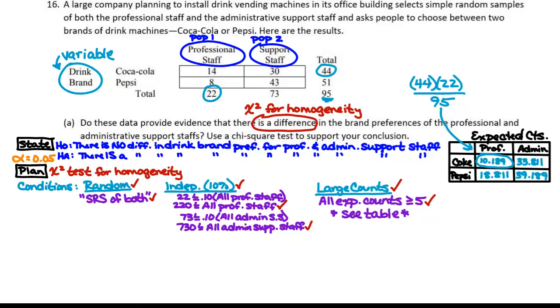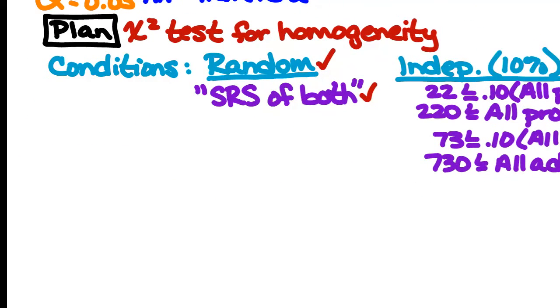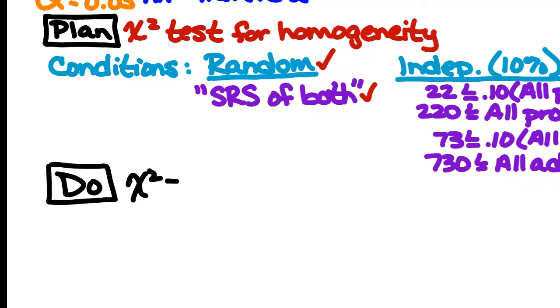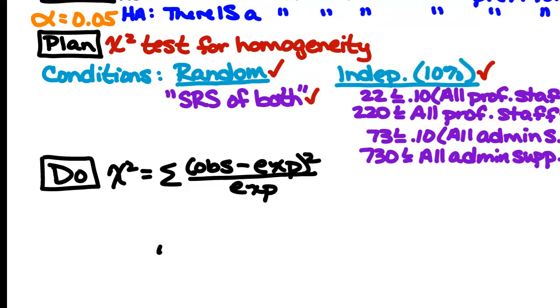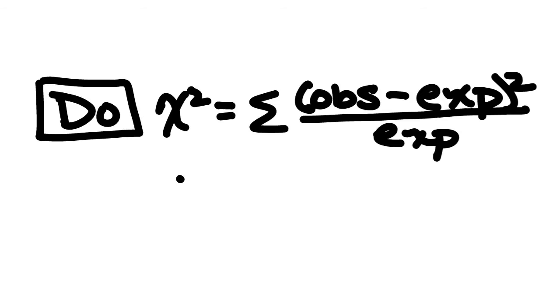All right, now we get to do. So chi-squared is equal to the sum of observed minus expected squared over expected. So my first fraction, we observed 14 professional staff that preferred Coca-Cola.